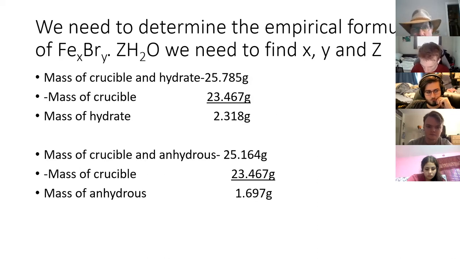So again, if I've got the mass of my hydrate and the mass of the crucible, I can subtract the two. I've got the mass of my hydrate. Mass of the crucible and anhydrous, subtract the weight of the crucible. I got the weight of the anhydrous. Now I've got two ways to make the weight of the water.